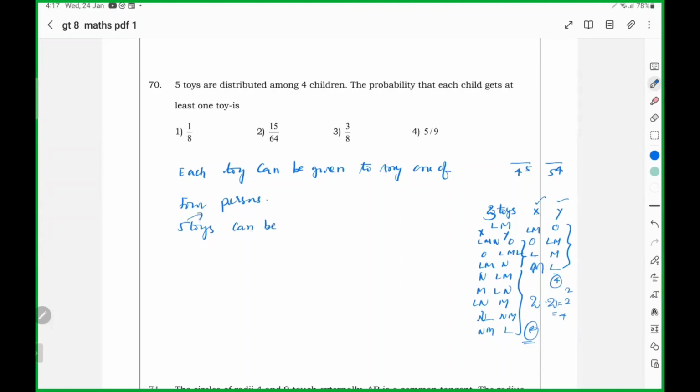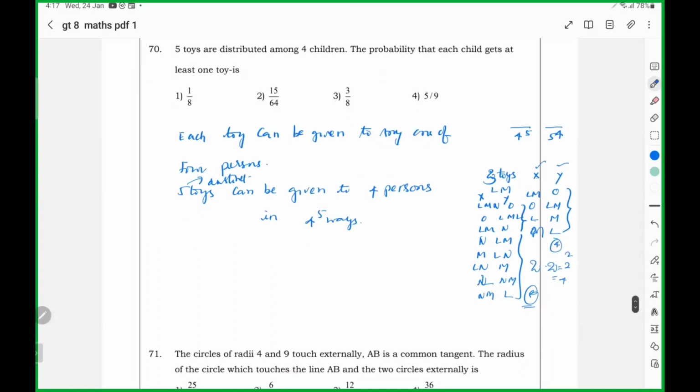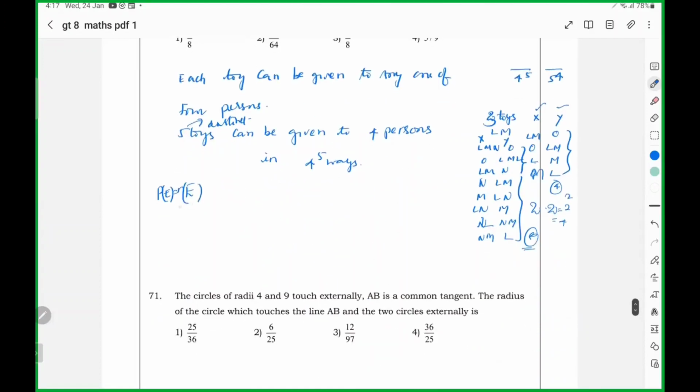So unless they mention otherwise, we have to consider that distinct toys can be given to 4 persons in 4 power 5 ways. The condition here is, while finding probability, events favorable to E by exhaustive events.